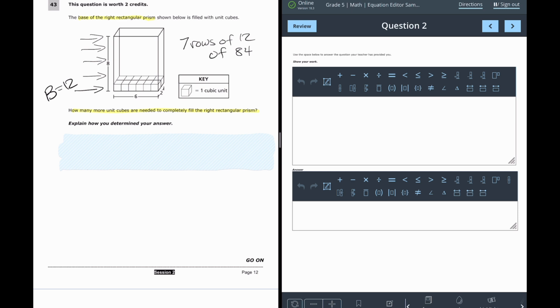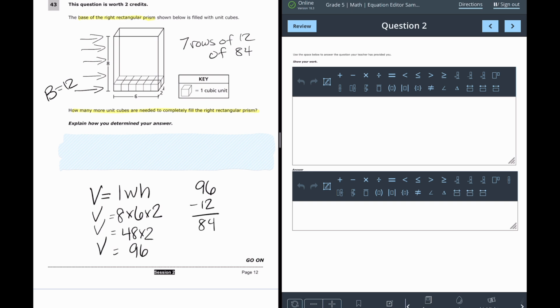So the volume of the entire one, if it was all 3 dimensions, I would have 8 times 6 times 2. 8 times 6 is 48 times 2, and that's 96. So the total volume is 96, and remember, they already gave us 12 cubes. So I still get 84. So awesome sauce. We know how many more cubes we need. So now we just have to explain how we got the 84.